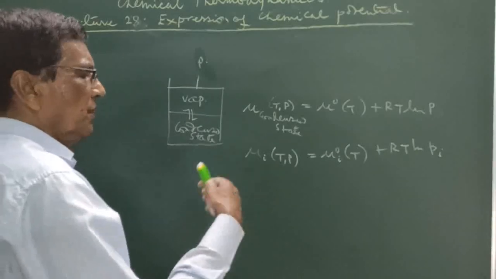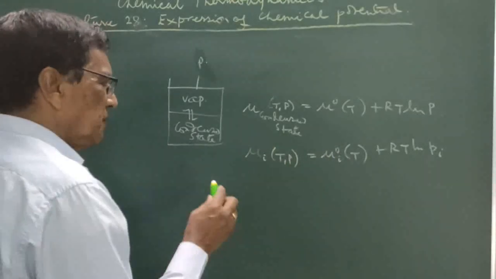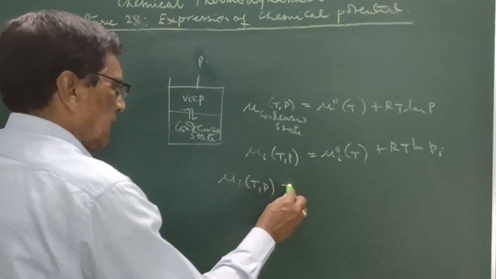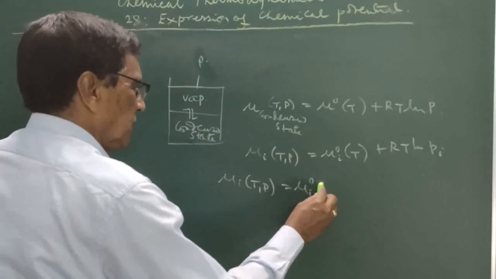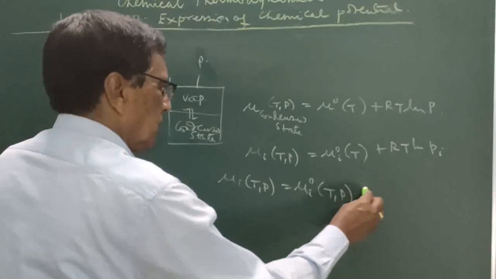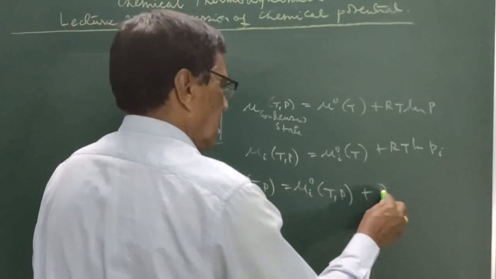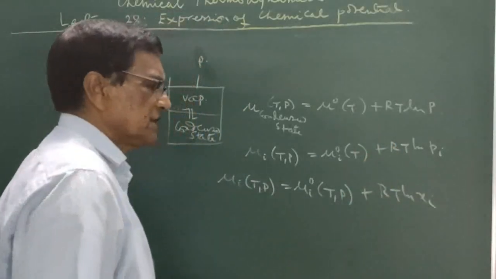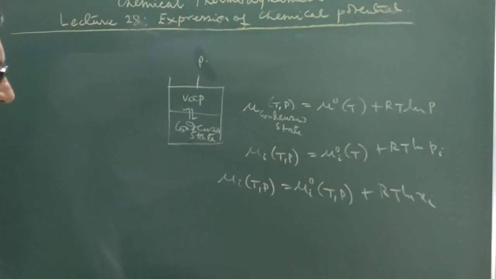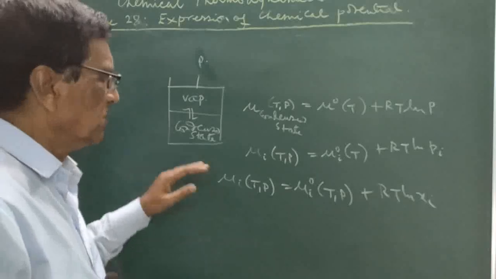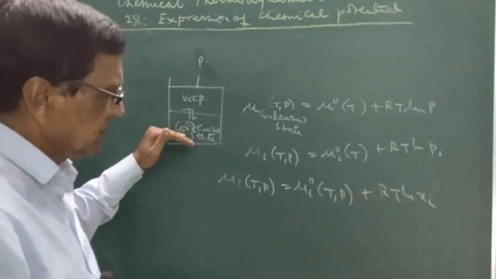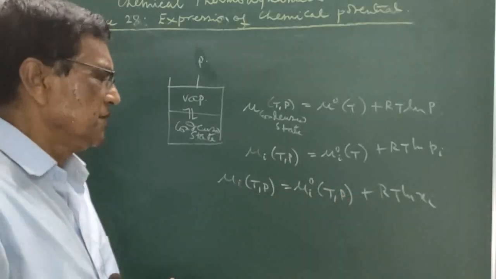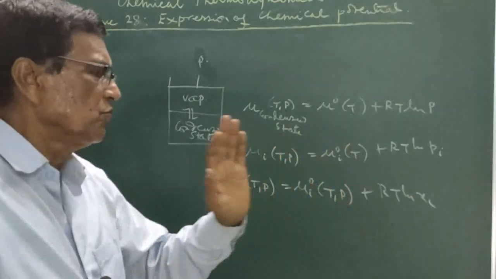This could also be converted into mu i(T,P) equal to mu i naught(T,P) plus RT ln xi in a similar way. So it is the chemical potential of the ith component at a temperature T and pressure P when it remains in the pure state.